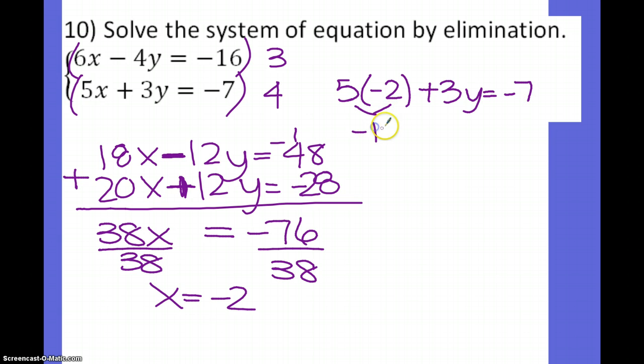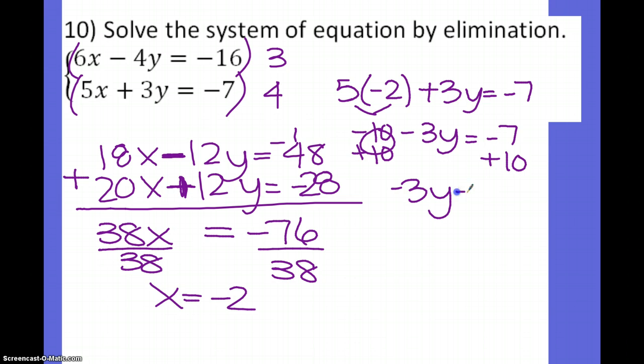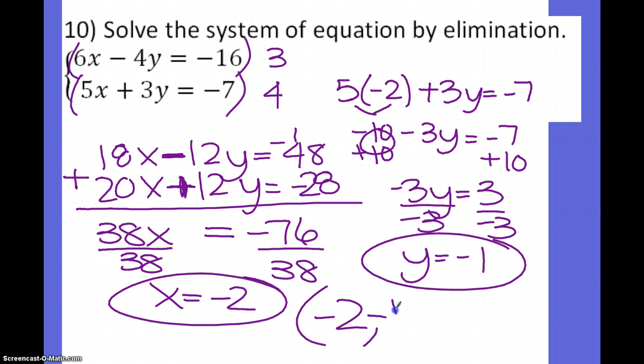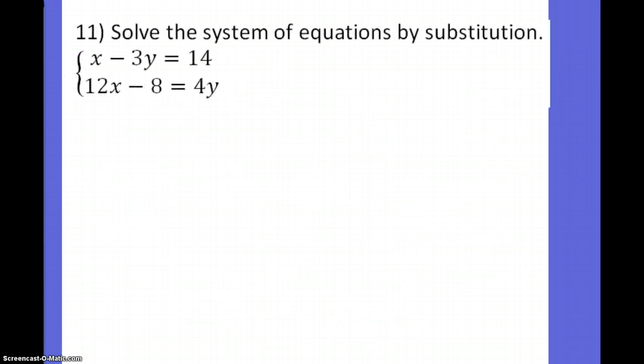And here we get negative 10 plus 3y is negative 7, add 10. Negative 3y equals 3. Divide negative 3 and y is negative 1. So our final answer, the point that the graph would meet at, is negative 2, 1. That's the solution they have in common.